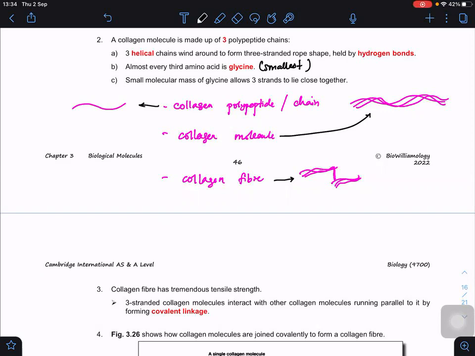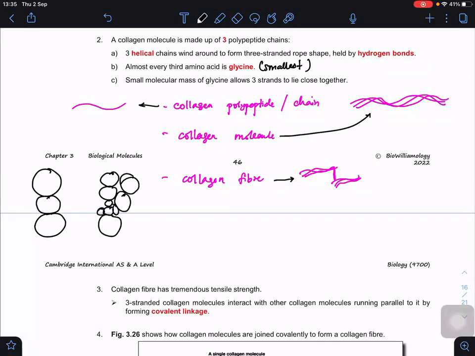Try to imagine that if I use all big ones, without small ones, it's very difficult for you to wind. You try to imagine that you want to intertwine those big chains, difficult. Right? The interaction won't be strong. But if you have something small in between, then you can put another chain here, a small part.